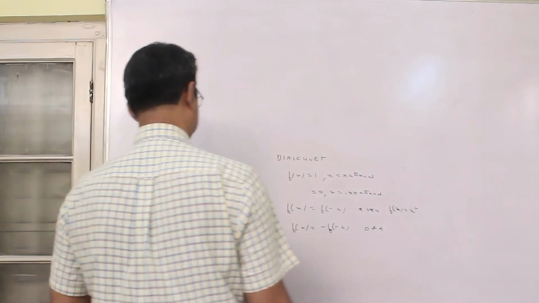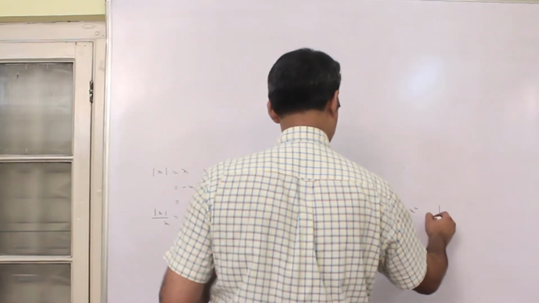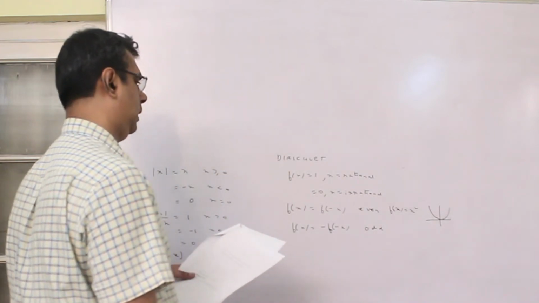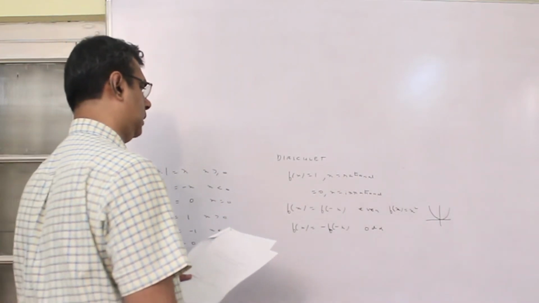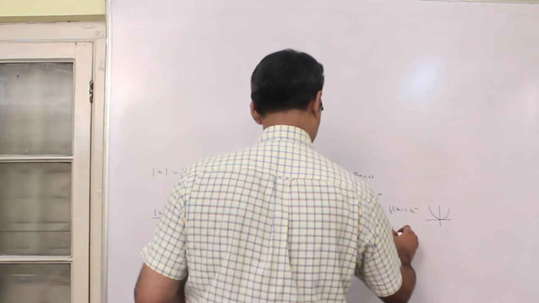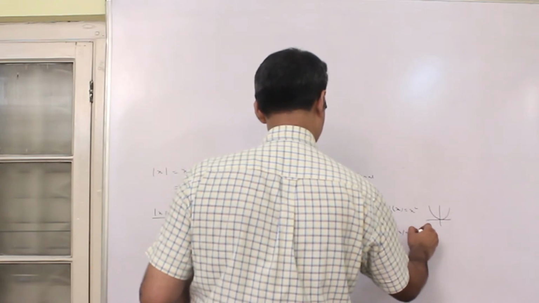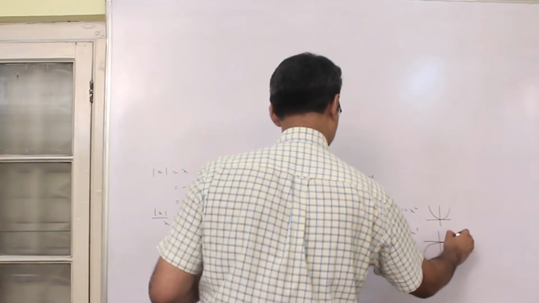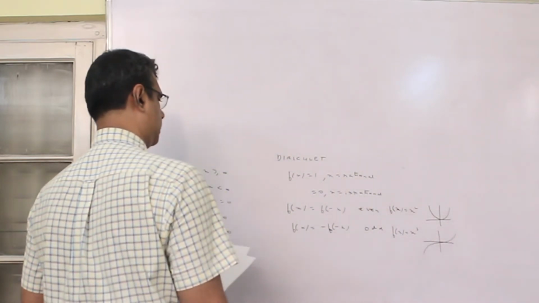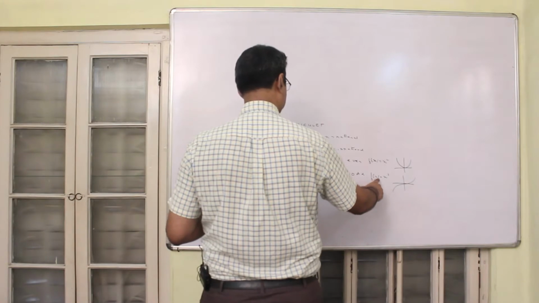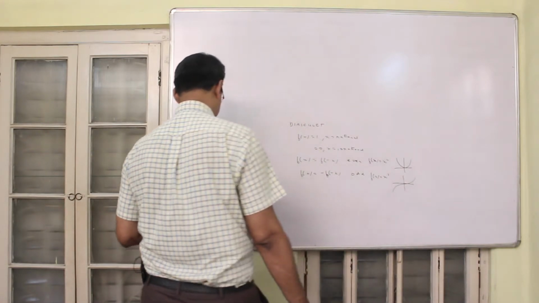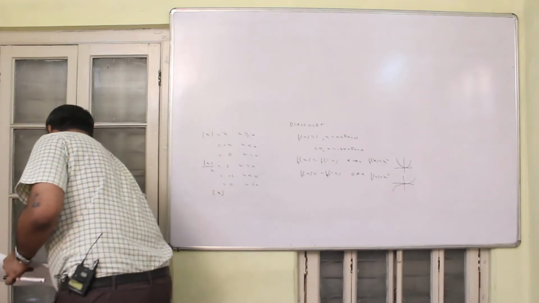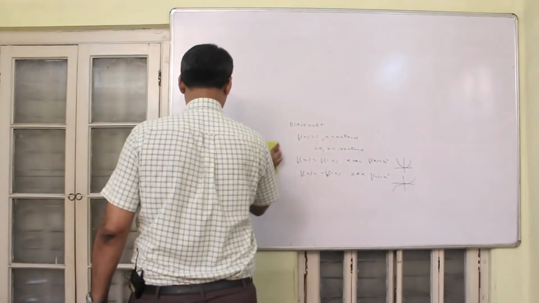Now suppose you have a function f(x) equal to x square. You can see that it is even and the graph is symmetrical about the y-axis. If you have a function f(x) equal to x cube, you can see that it is odd and the graph is symmetrical about the origin. So this is regarding odd and even functions.